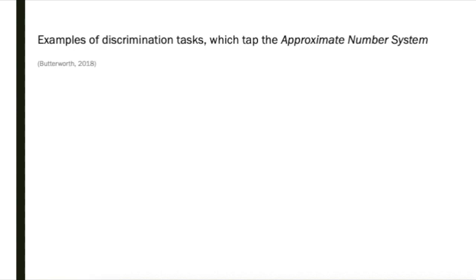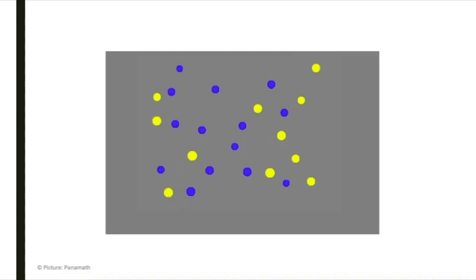Next, I will show you some examples of so-called discrimination tasks which can be, and often are, used in research to tap the approximate number system. In other words, what kind of non-symbolic number sense a person has. These tasks are often computerized.